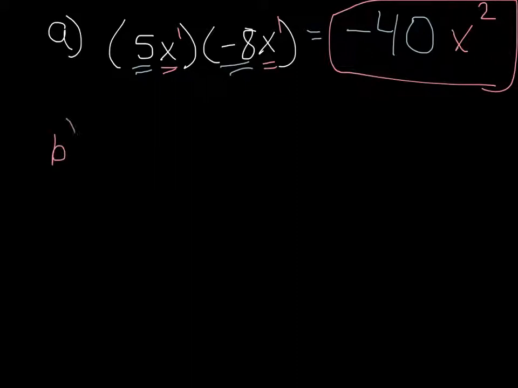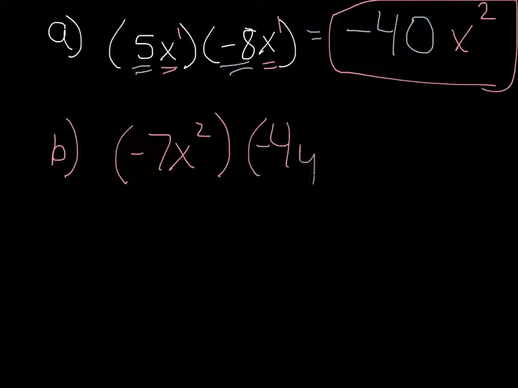Let's try another one. Alright, my handwriting's getting sloppy. Okay, this says negative 7x squared times negative 4y to the 4th. Let's see if we can condense any of this.